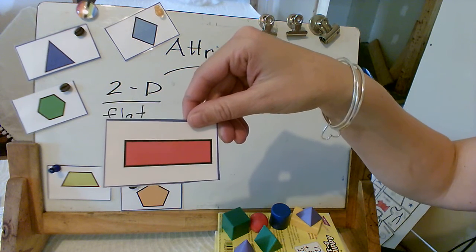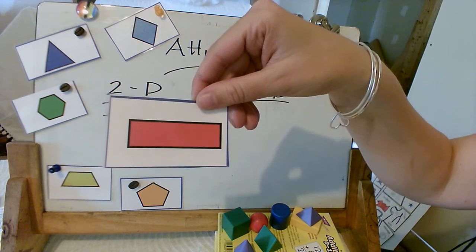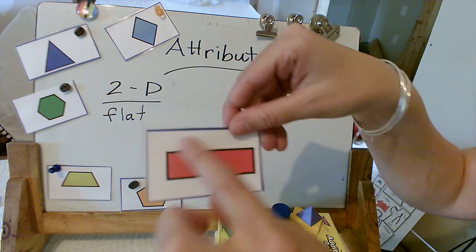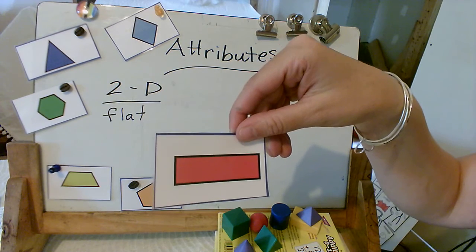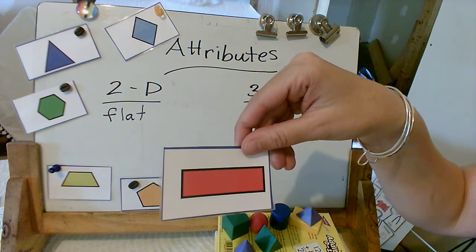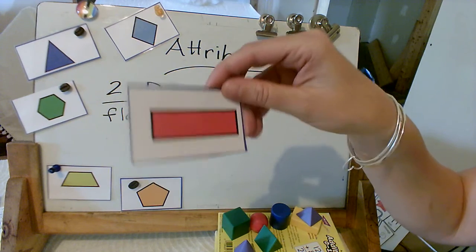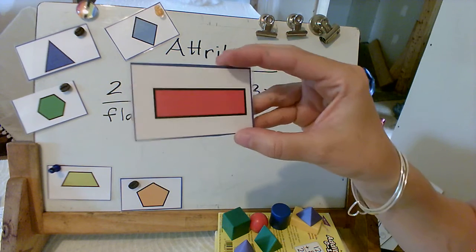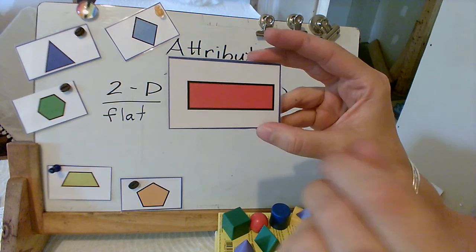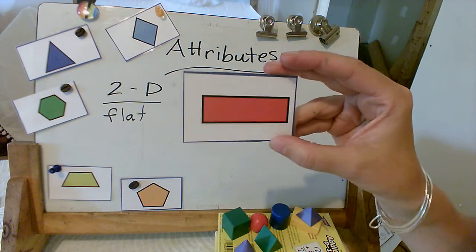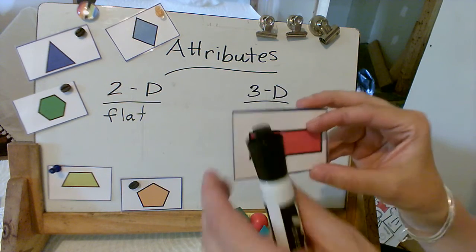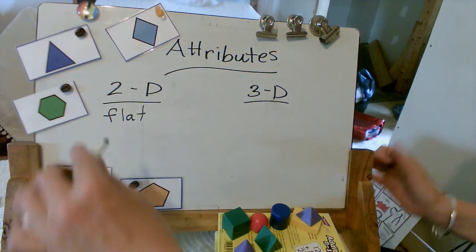So the attributes of this shape are that it has 4 sides, and so that makes it a quadrilateral, and the name of this quadrilateral is a rectangle. And what I used to figure that out were the sides. So 2-dimensional shapes have sides.